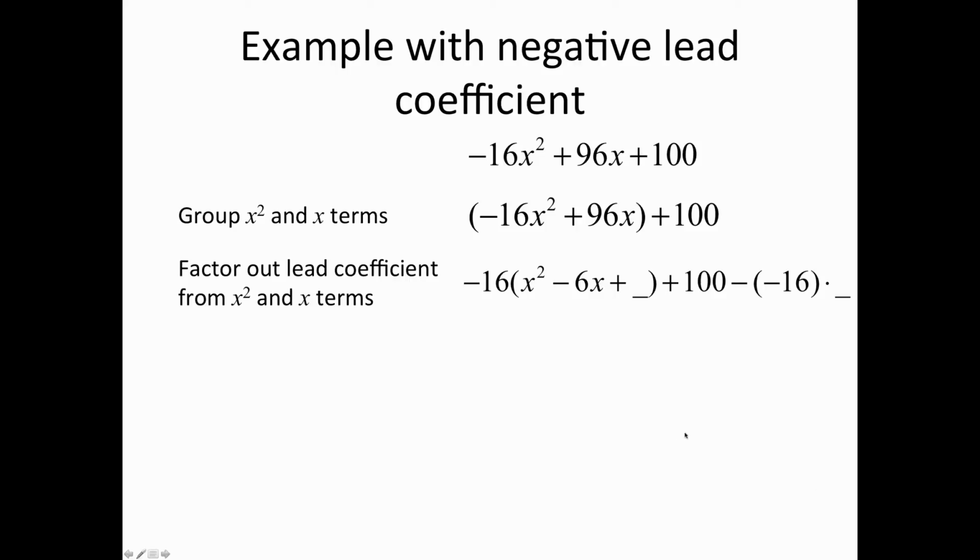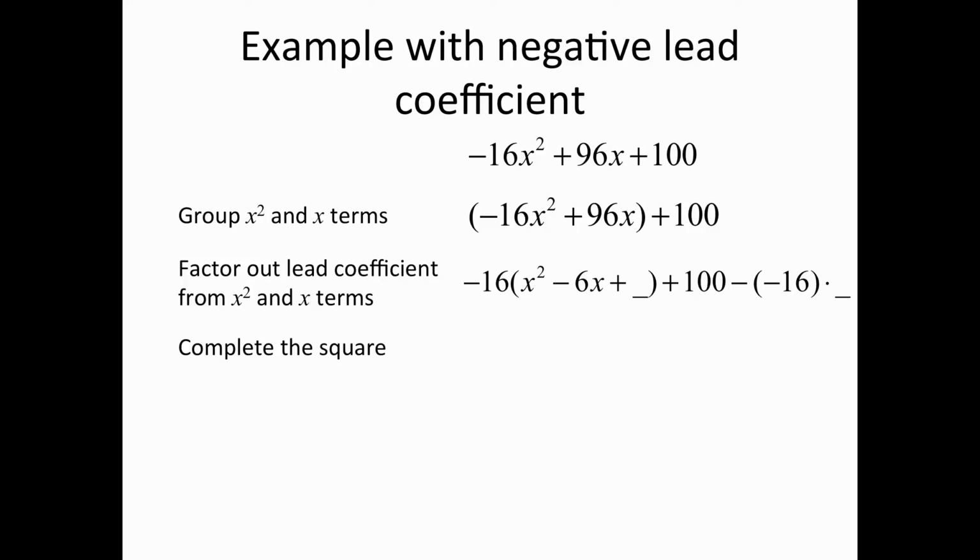We factor out negative 16, leaving x squared minus 6x plus this empty space. And then outside we have 100 minus this negative 16 times the empty space. So you have to watch for those negative signs on the negative 16 here, and that you get the signs inside the parentheses correct.